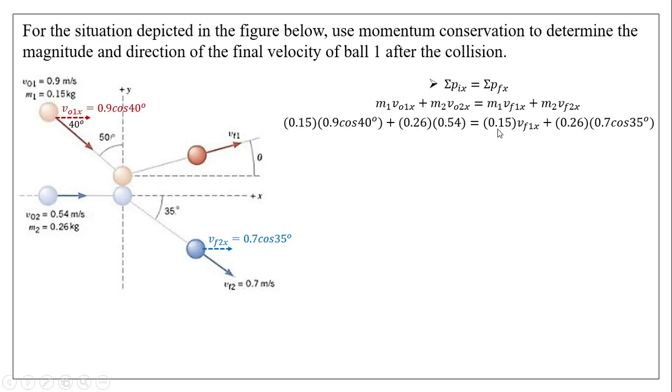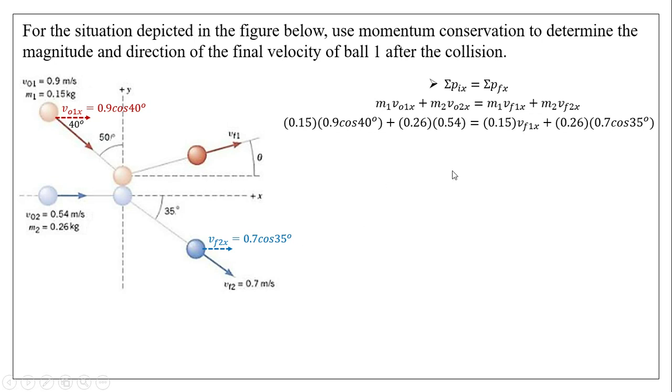On the right is 0.15 VF1x, which I don't know. As a matter of fact, that's one of the components I need to find in order to solve this problem. Then M2 is 0.26, and VF2x is 0.7 cosine of 35, and is also positive because ball 2 is in the fourth quadrant, in the southeast direction. VF2x is 0.7, the hypotenuse, times cosine of 35.